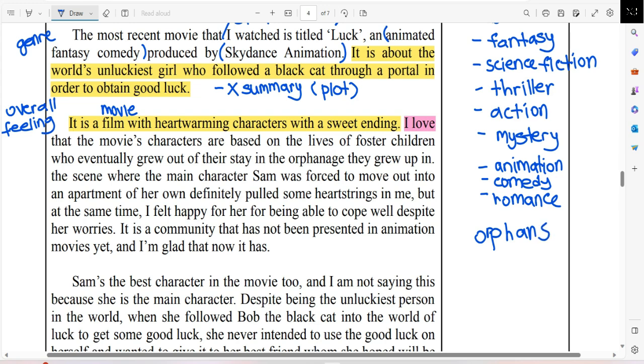Foster children, this is the foster care system. It's actually a system that is in America. The foster children who are under this foster care sometimes still have their parents around, their parents are still alive, just that the parents are not responsible for the children.